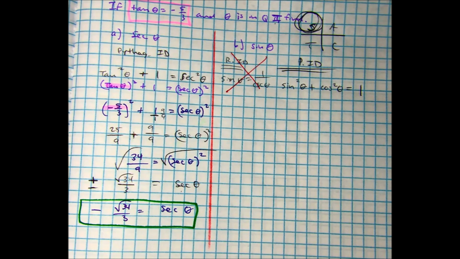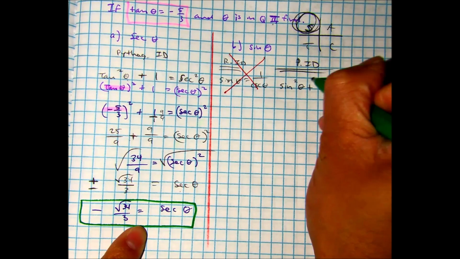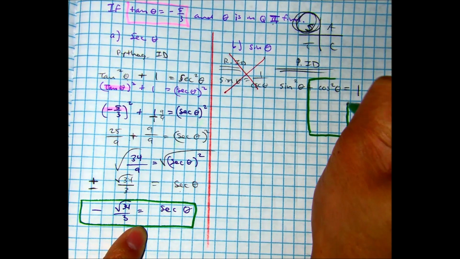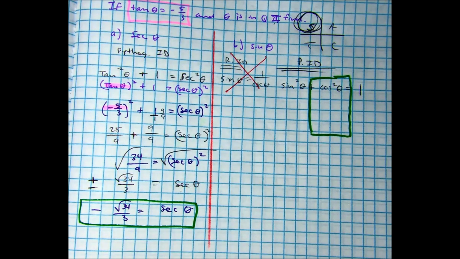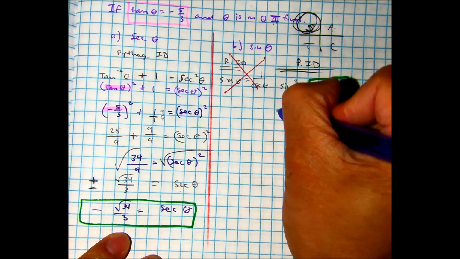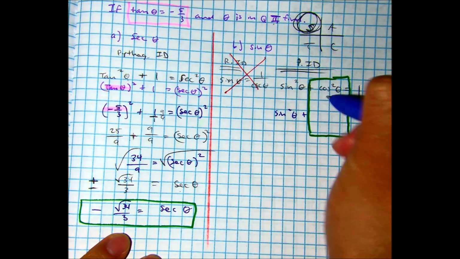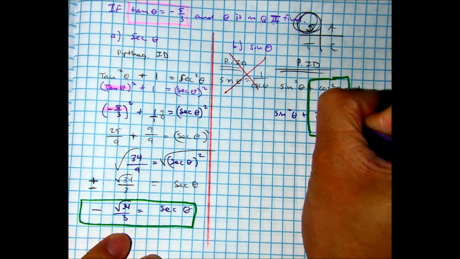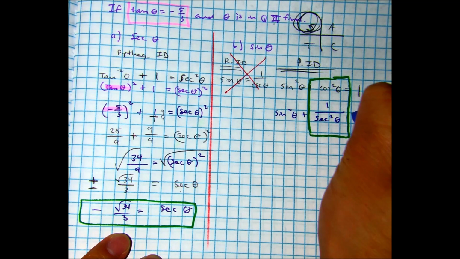Ready? 1, 2, 3. The reciprocal identity. Sine squared theta plus 1 over secant squared theta equals 1.